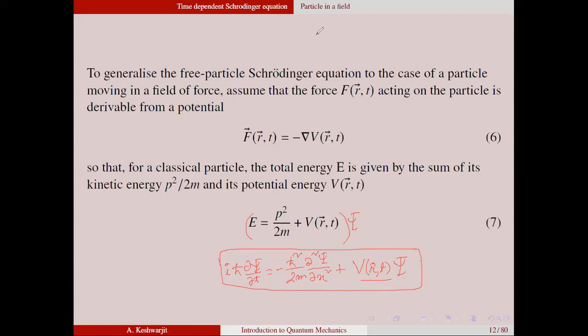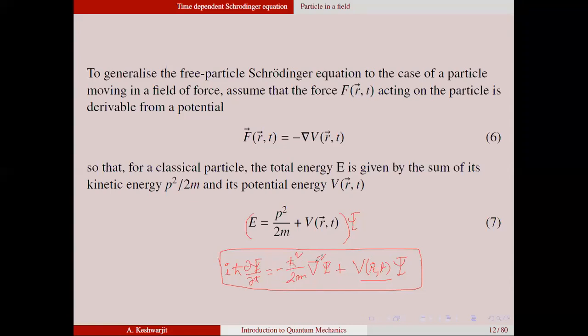So let me write it here. In three dimensions, it should reduce to h bar square, then the Laplacian of the wave function psi. So this is the time-dependent Schrodinger equation in 3 dimensions.